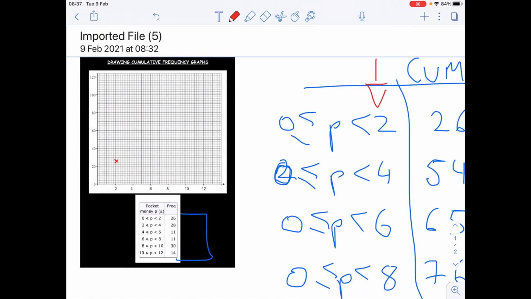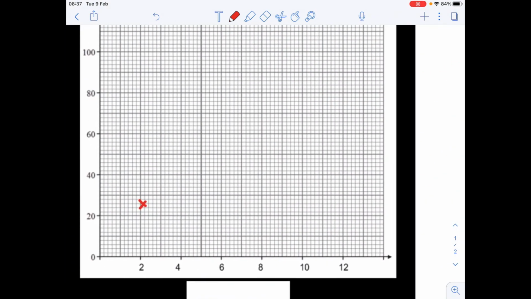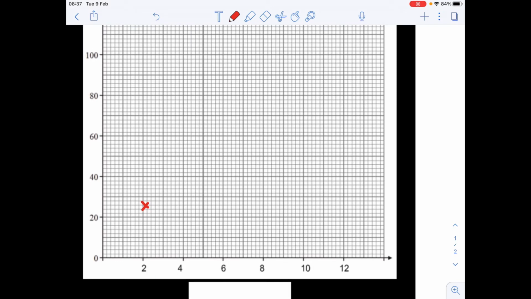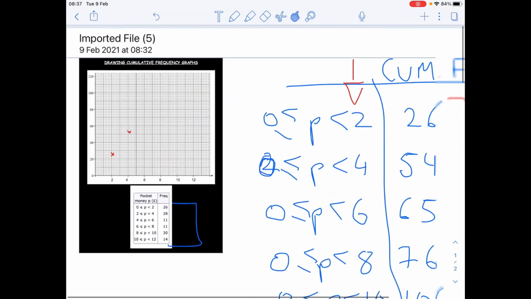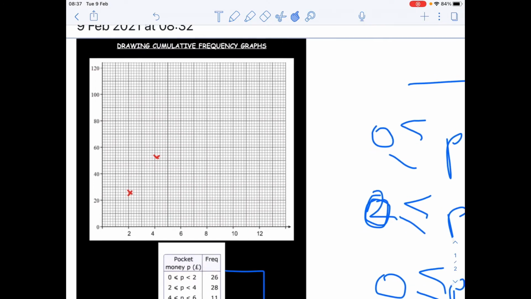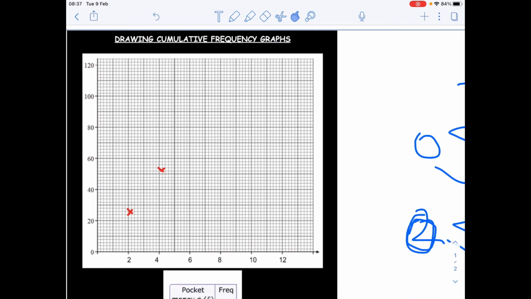Then at 4, I'm going to go up to 54. So at 4, 54, so 40, 50, 54 is about there. You can be much more accurate. Then at 6, I'm going to go up to 65. So 60 is 2.5 squares, maybe there.